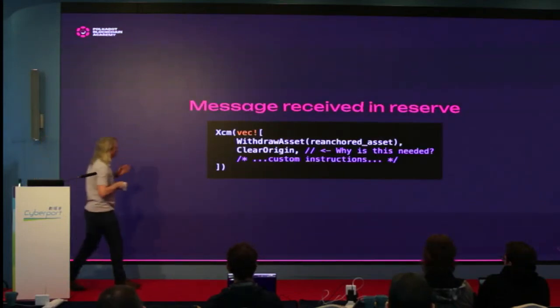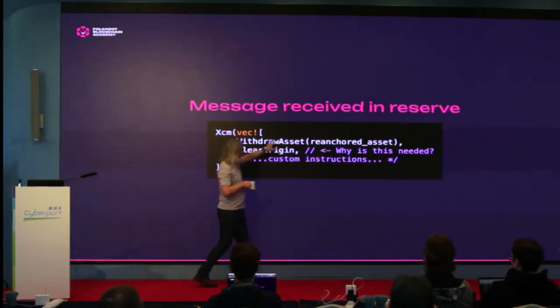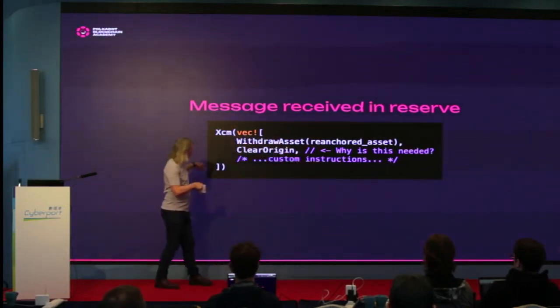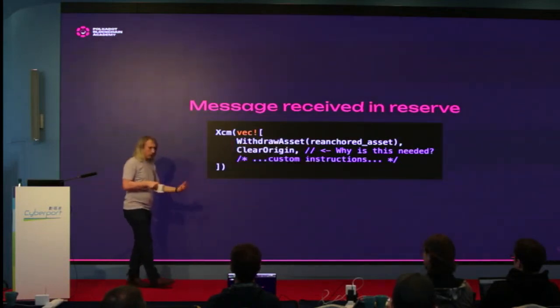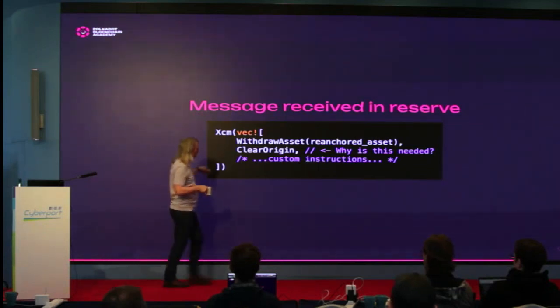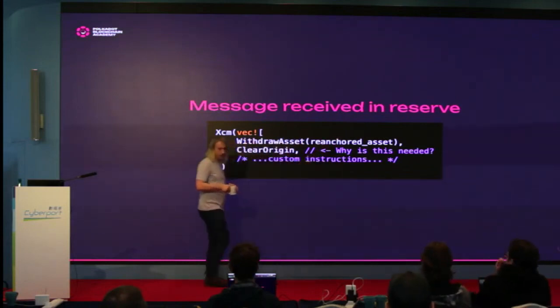So the message that gets sent to the reserve, the third party, is withdraw asset, that's easy enough, with a re-anchored asset. It's not the asset that we are calling it by, because that's relative to us on the sending chain. It's that asset, but re-anchored to the point of view of the reserve chain.